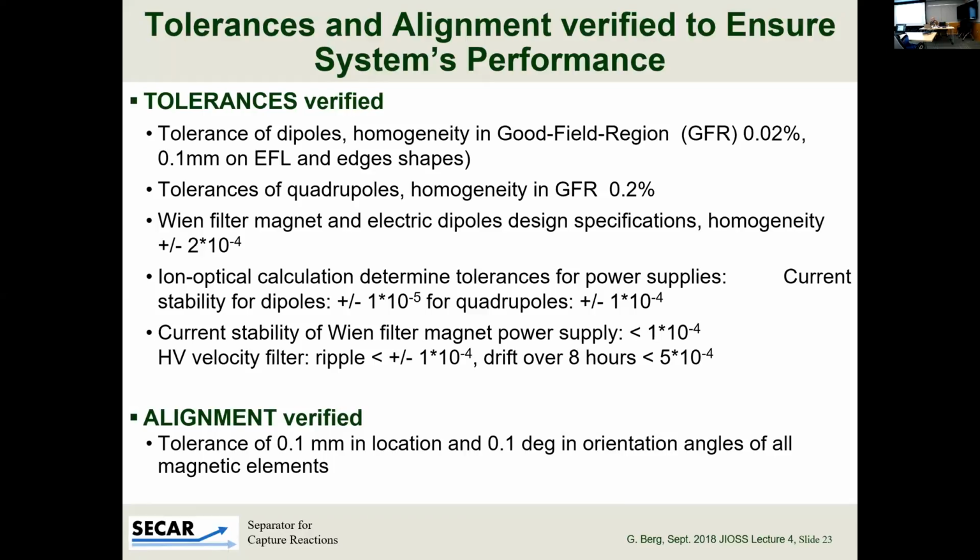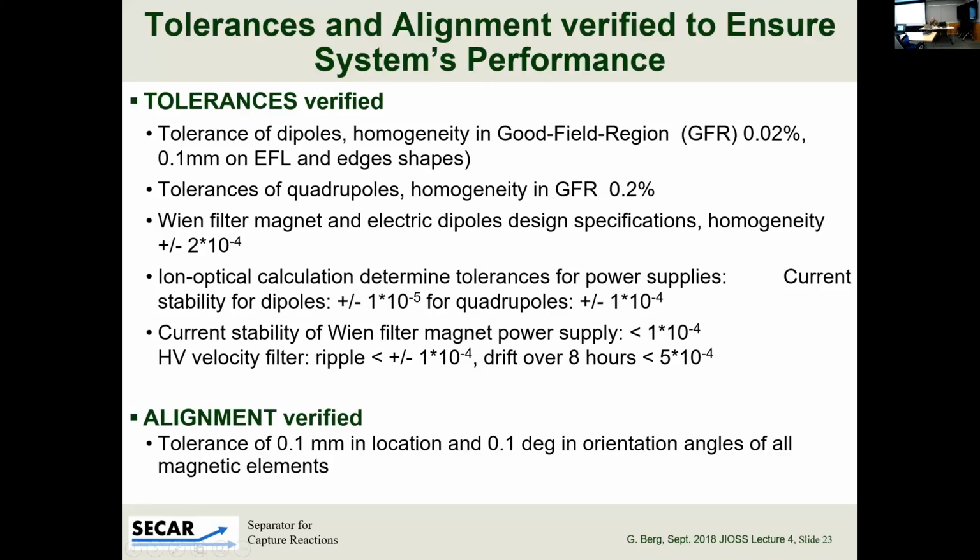So, for the dipoles, they're specified to be of the order of 10 to minus 5, about a factor of 10 better than what we specify in the hardware. 10 to minus 4 for the quadrupoles, but I'm not sure they actually, it's probably the same type. Current stability. For the Wien filter, also the high voltage, plus minus 10 kilowatt has to be specified.